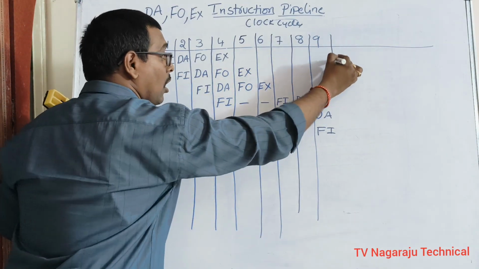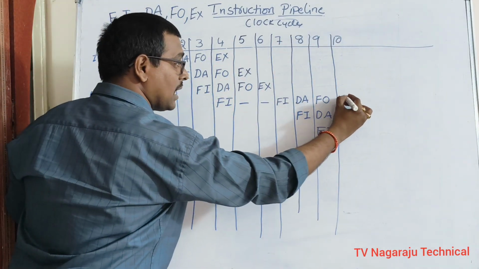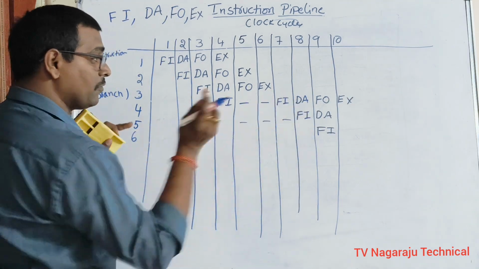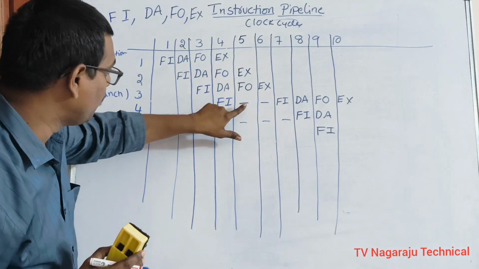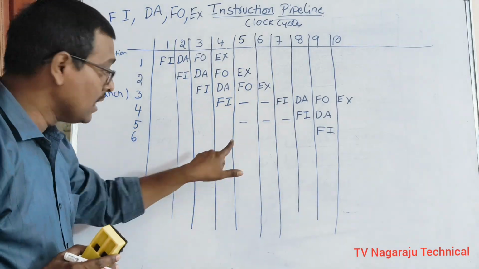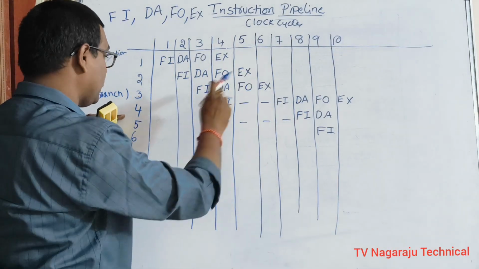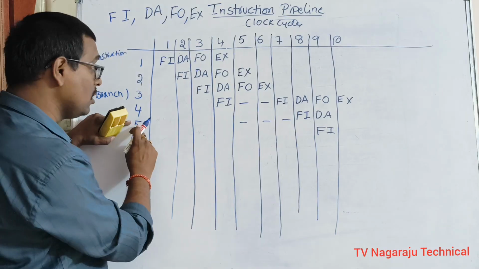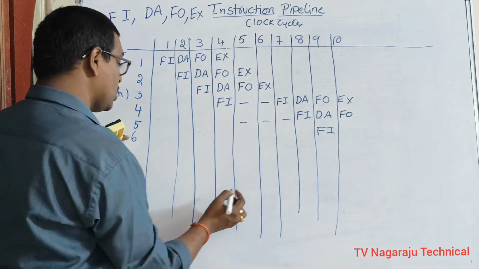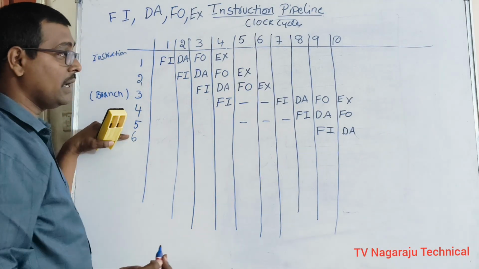Now clock cycle number 10, the fourth instruction has completed its execution. Meanwhile, the fifth and sixth instructions are not doing anything. So at clock cycle number 10, the fourth is completed, the fifth is entered into the third segment, and instruction 6 is entered into the second segment.